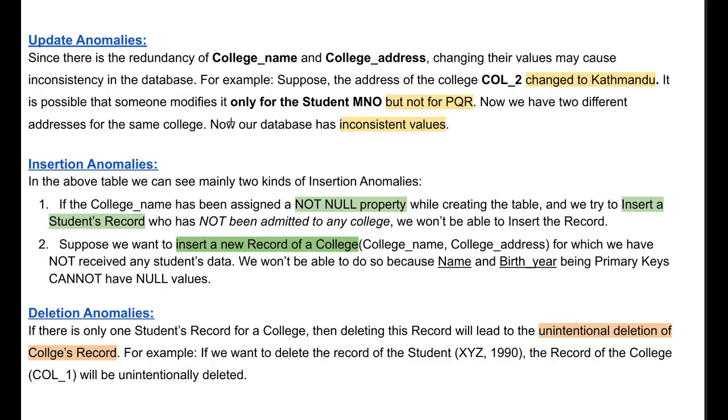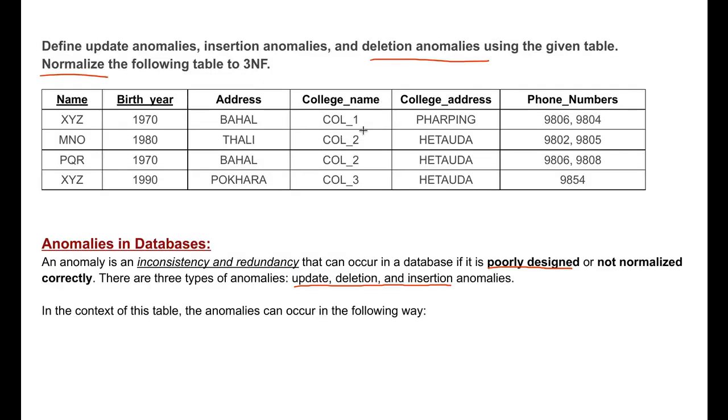So let's first see update anomaly. Suppose the college address of college 2 changed to KTM, and some database person updated only this tuple here based on student MNO, but this other tuple has not been updated.